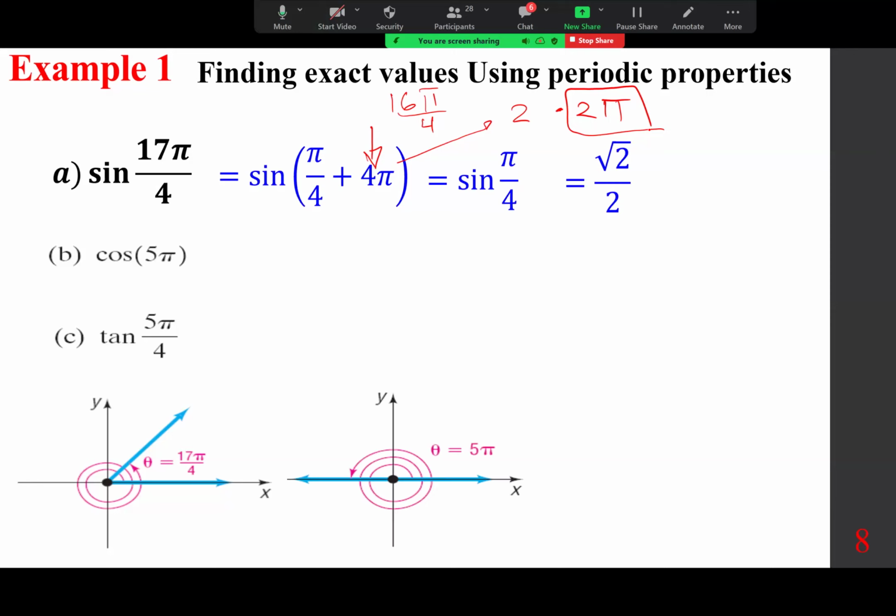All right, when we look at the next one, 5 pi. What do we notice? 5 pi is larger than 2 pi. So you have to subtract multiples of 2 pi because it's cosine. So you can subtract 4 pi.